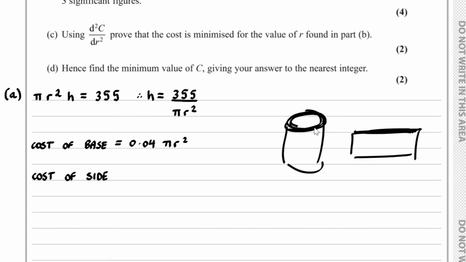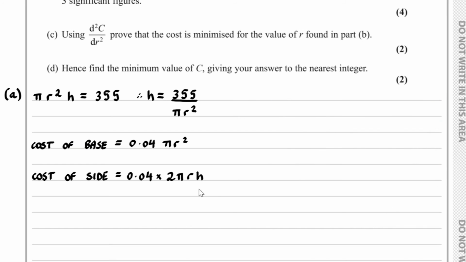So this length is the circumference of the circle, and that's given by 2 pi r, and then we've got the h over here. So the area will be given by 2 pi rh. So for the cost of the side, we've got 2 pi rh, but then I multiply this by the cost, which is 0.04.